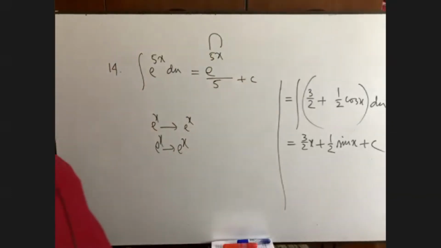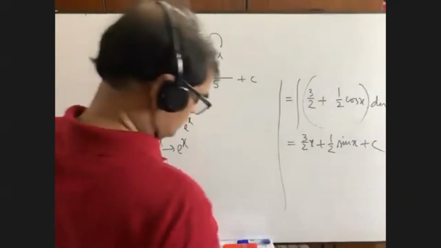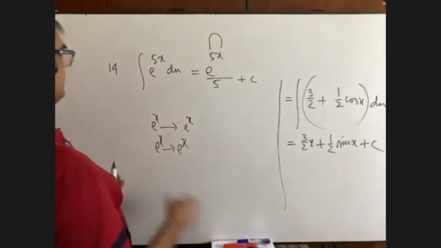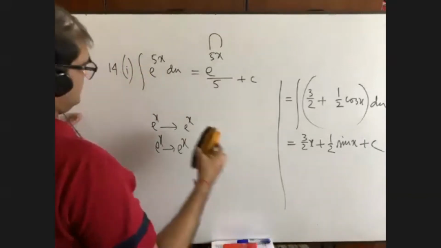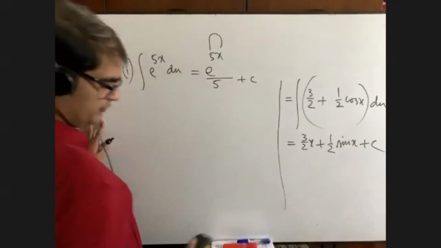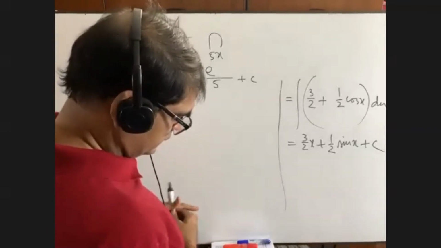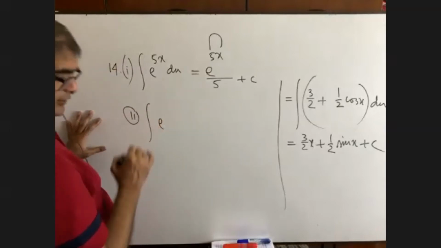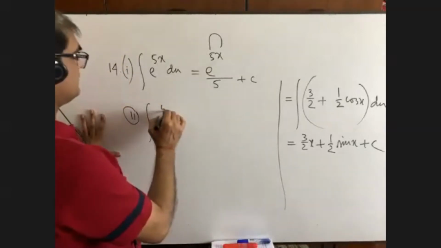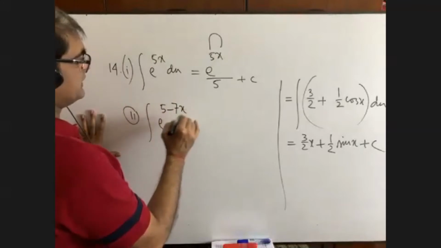Okay? This was question number 14.1. So this type of math is really very, very easy for you. 14.2. Suppose another math is given like this, e to the power 5 minus 7x. We will not be afraid of seeing the math.